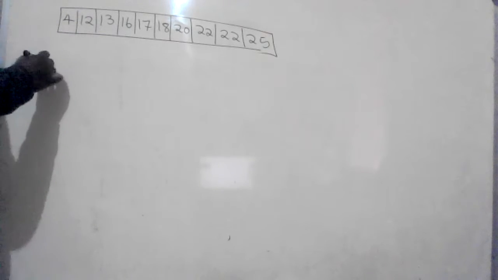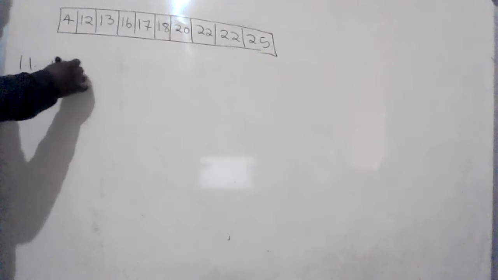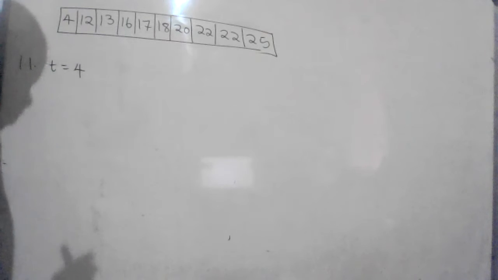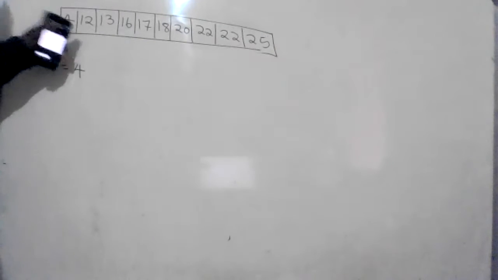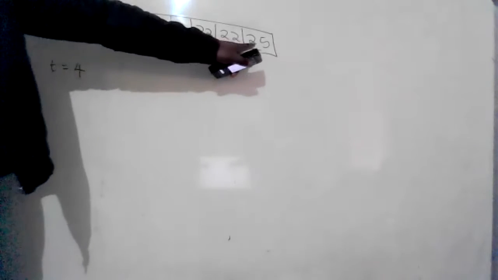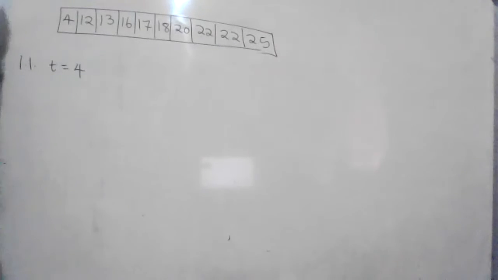So I believe you can see that in this case, this first person is the one who's going to take a short time, right, to complete the race. If you compare all the values we are given in this case, this one took 4 minutes to complete the run, while there is another one who took 25 minutes to complete the run.